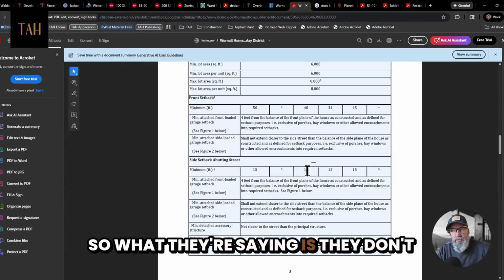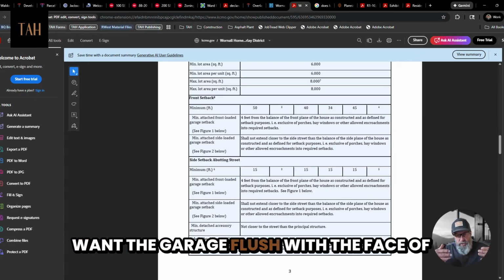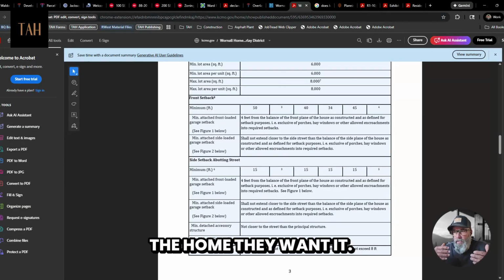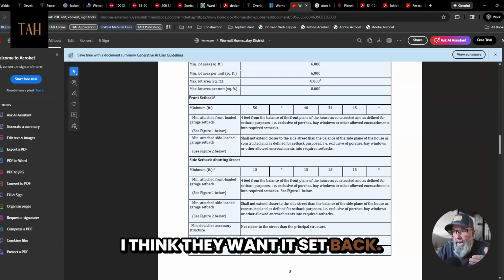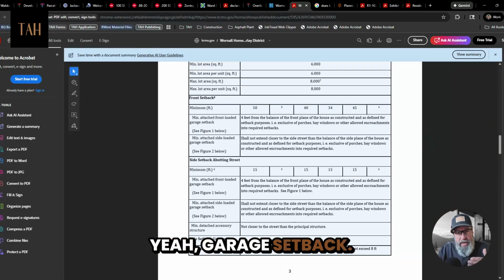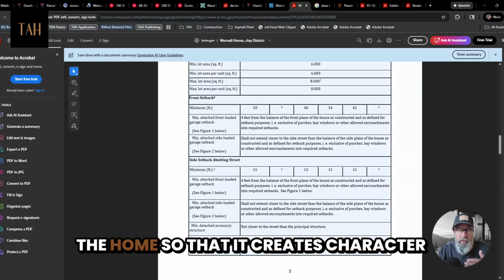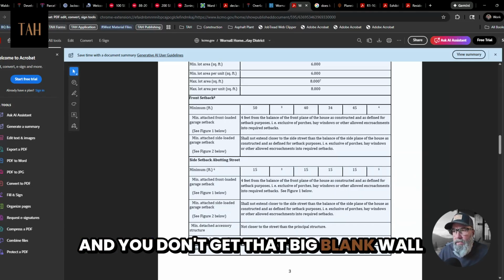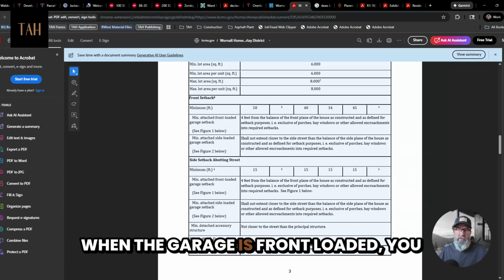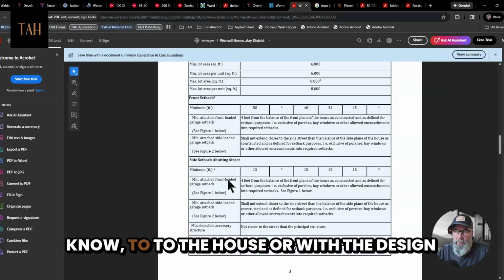So what they're saying is they don't want the garage flush with the face of the home. I think they want it set back. Yeah, garage setback. They want it set back from the face of the home so that it creates character and you don't get that big blank wall when the garage is front loaded.